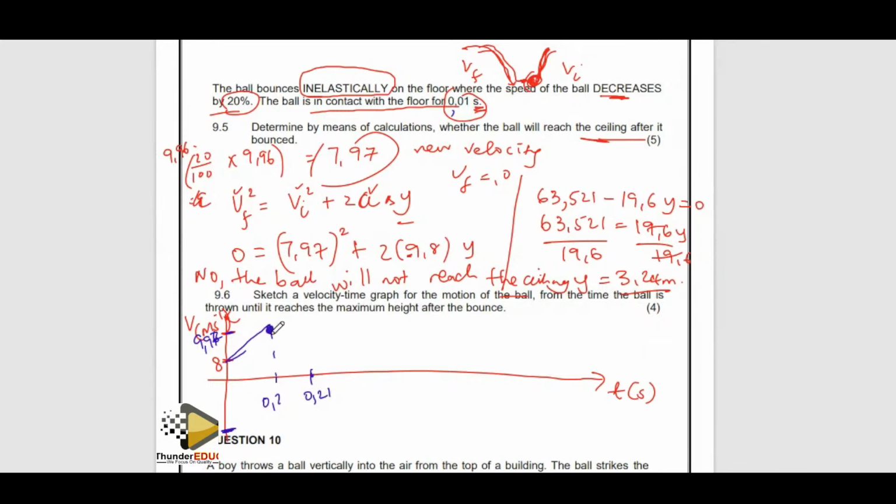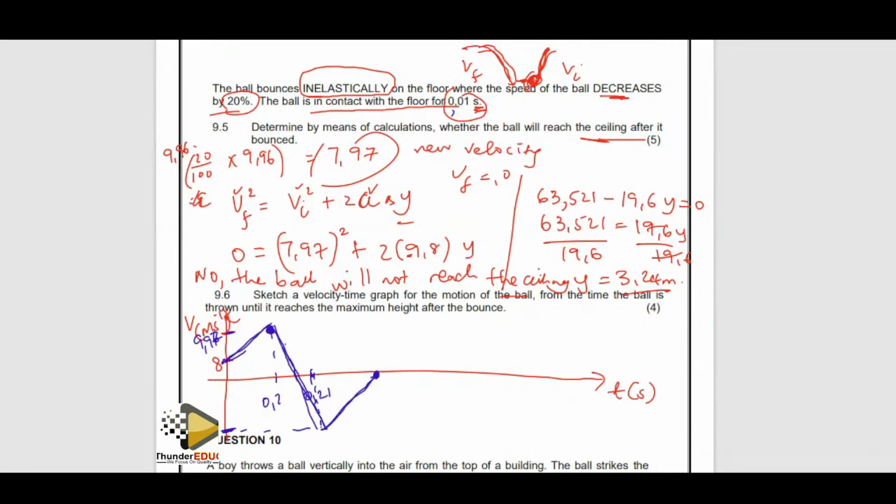So which means my line must pass the middle point, and this must correspond to this 9 point something, and then it reaches 0, since it's going to reach the maximum point of 3.24. So straight line, then straight line.